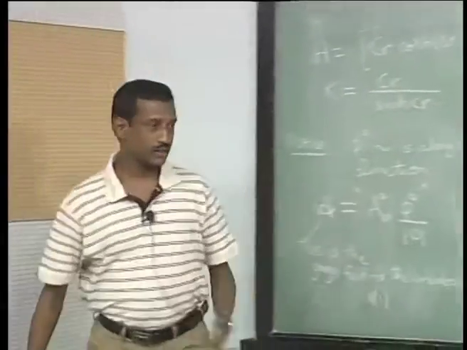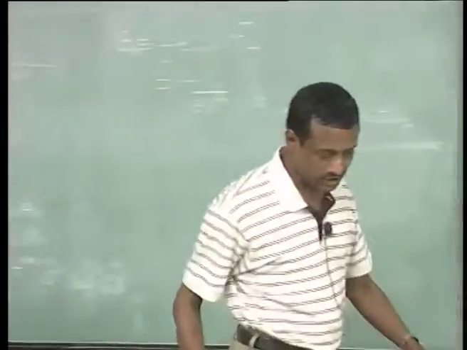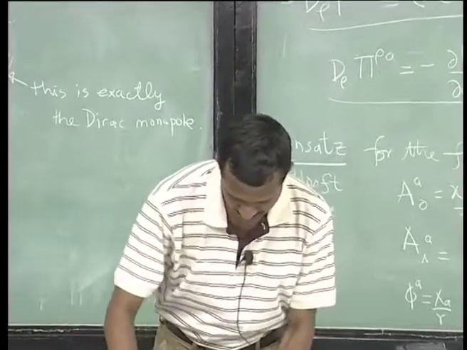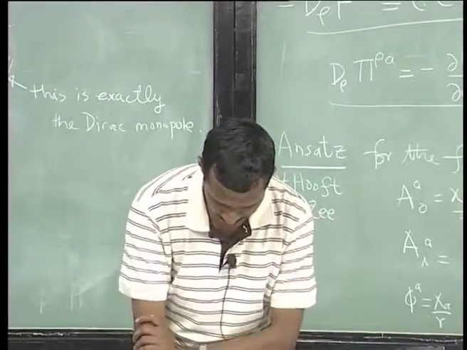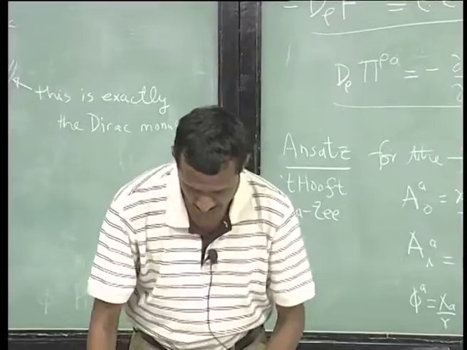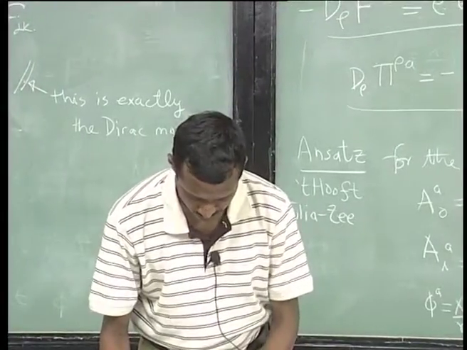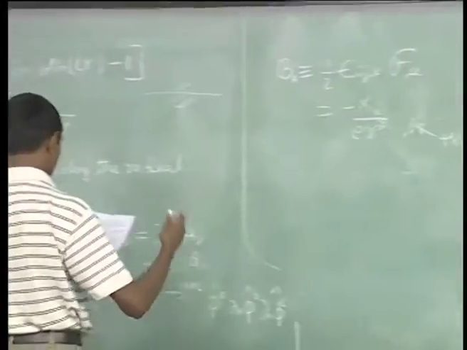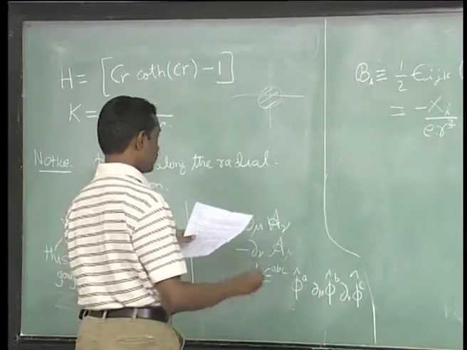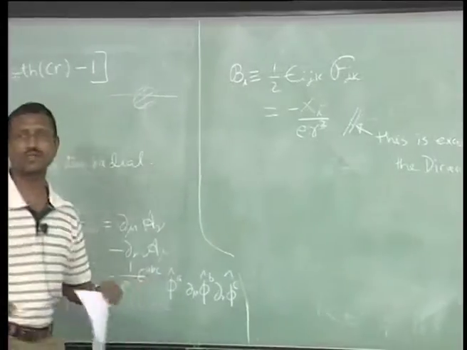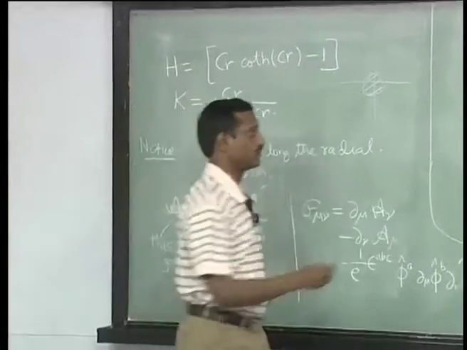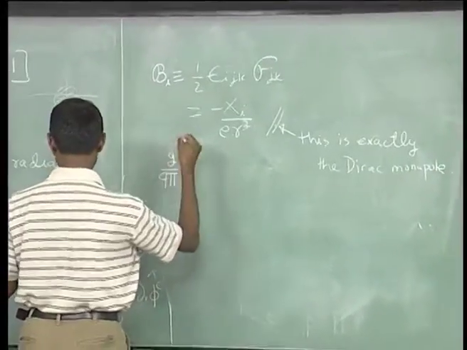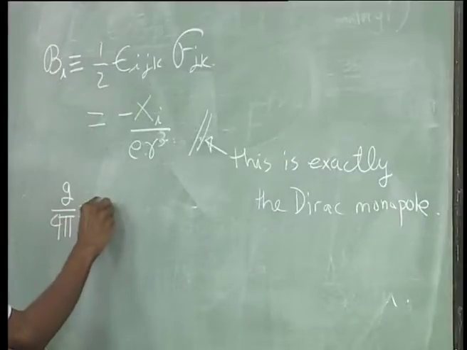Okay. Now what is its charge? Its charge is 1. Sorry, how did we, what was the thing we wrote? B, yeah, so g by 4 pi should be equal to, the sign is minus 1 by e.